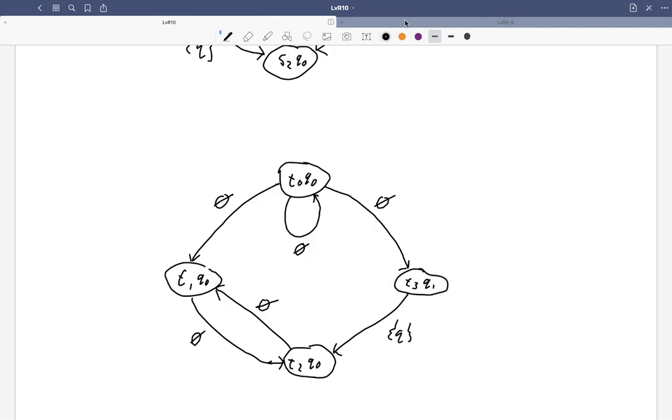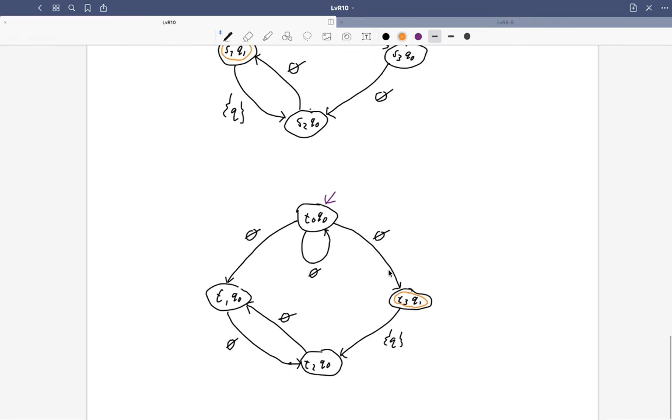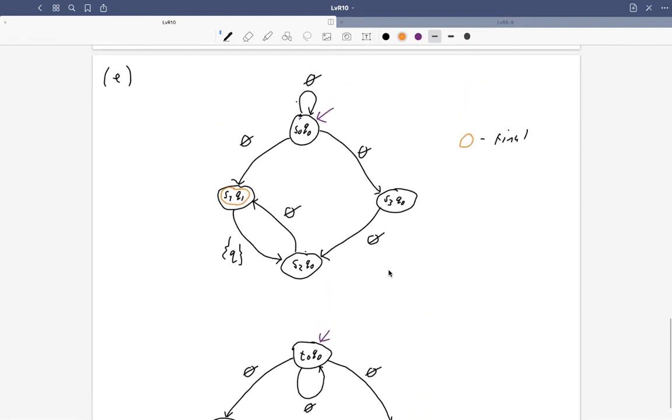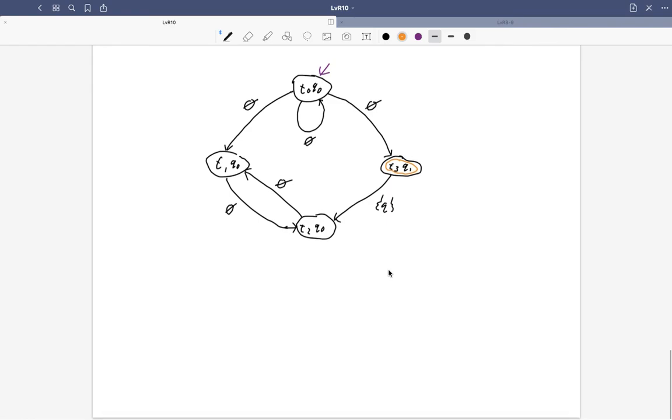The initial state is again here. And the accepting state, the final state, is here, because Q1 was the final state. Okay, so these are our two product automata. So that's question E.